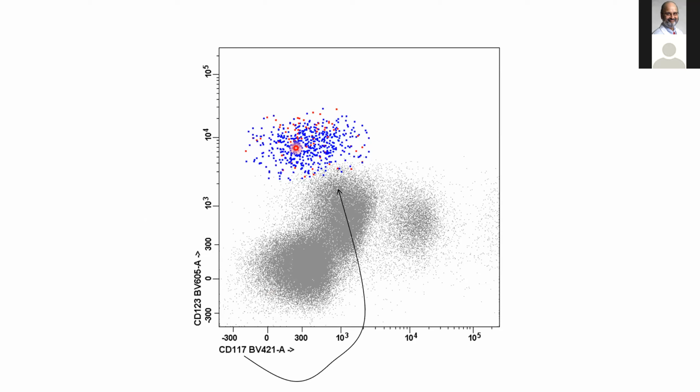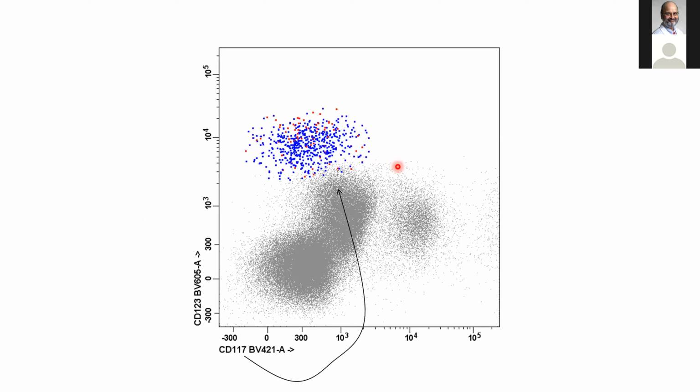The other, I think we've seen one acute basophilic leukemia where the basophils were uniformly positive for CD117. Now, I know some of the literature doesn't mention CD117 on acute basophilic leukemia, but at least that was our experience with that single case we had, and logically it kind of makes sense.